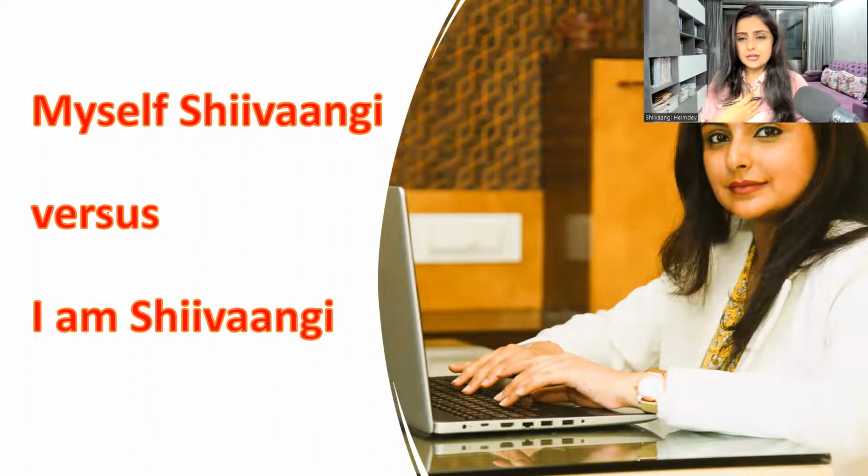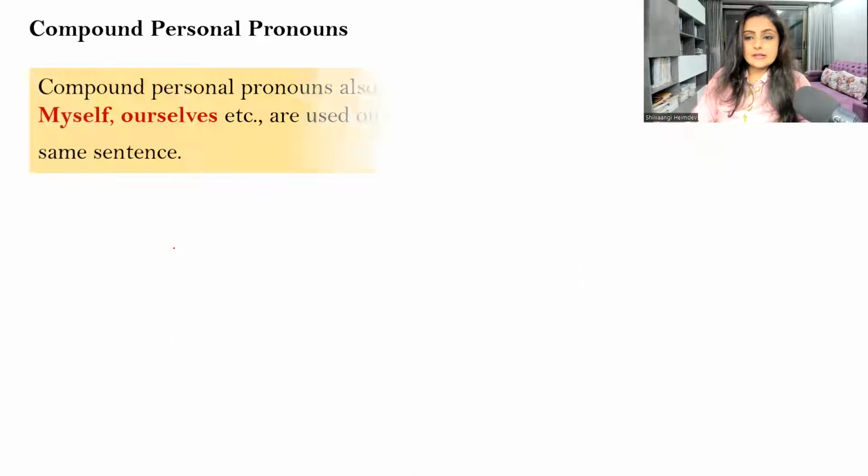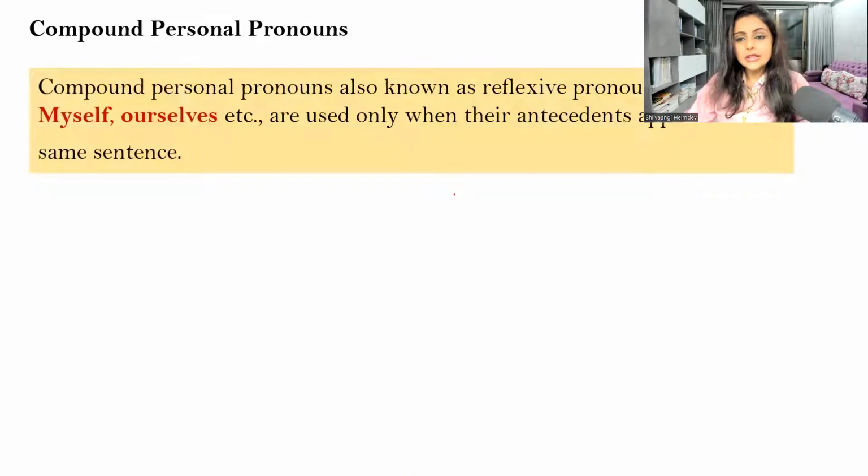So, "myself, Shivangi" versus "I am Shivangi." Which one is correct? So let me tell you one thing, friends. When we talk about English grammar, words like myself, himself, herself, ourselves, all these are known as reflexive pronouns.